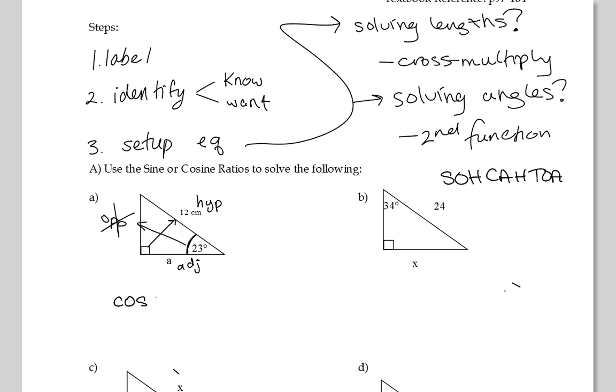So the cosine of 23 degrees, remember the angle always goes next to the cosine. Now which ratio? A over H, adjacent over hypotenuse. A over 12, cross multiply.